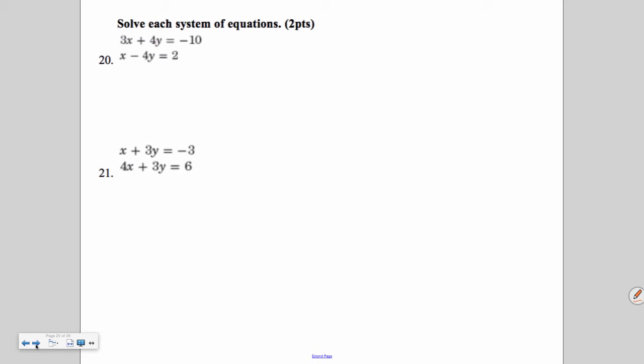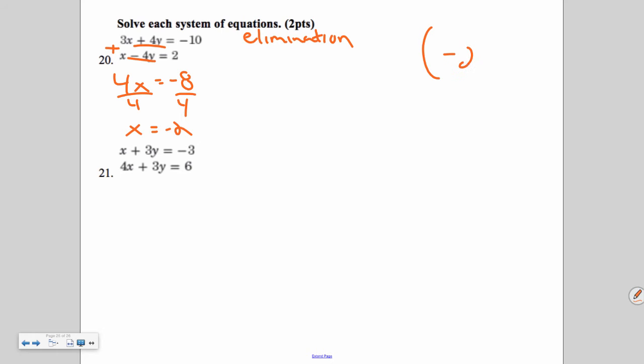For my next one, you have a couple options. Okay, solve the system. So if I use elimination, you see how it's plus 4 and minus 4? Just add these two equations together. I get 4x equals -8. I divide by 4. X is -2. So now I know one of my points.